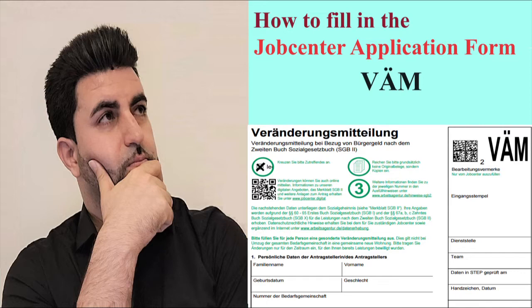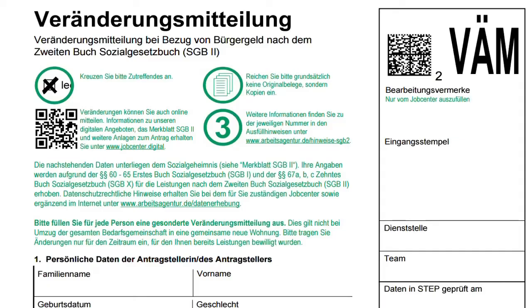Today I would like to explain for you how you can fill in the attachment VÄM of the main application form of Jobcenter. VÄM, which is the abbreviation for Veränderungsmitteilung, in English means providing information about the changes.